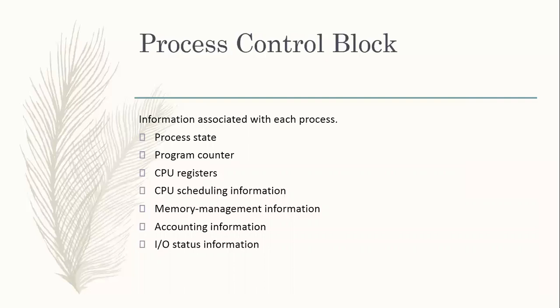We had earlier seen that there are four different sections, but the actual information we require once any process is executed includes many things, like process state and program counter.